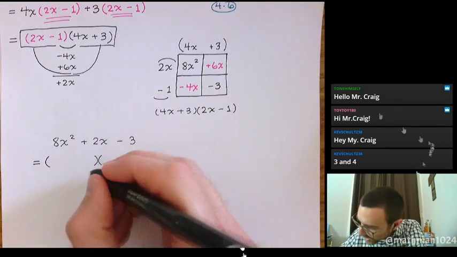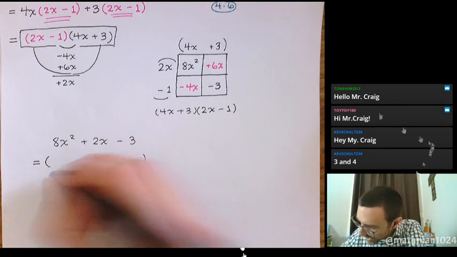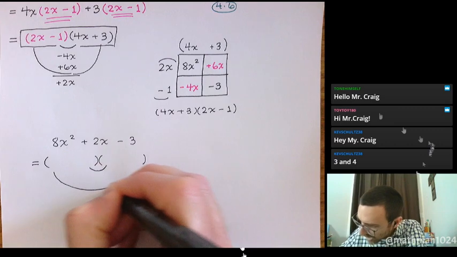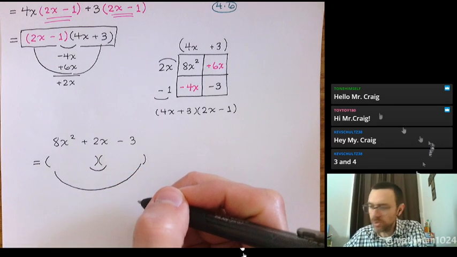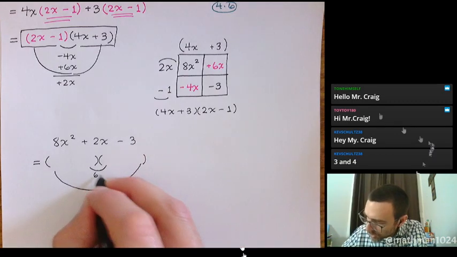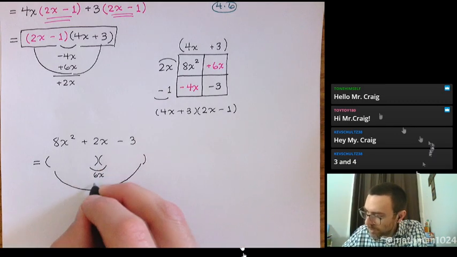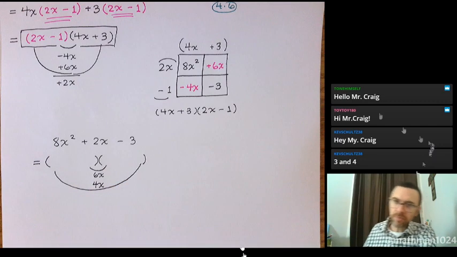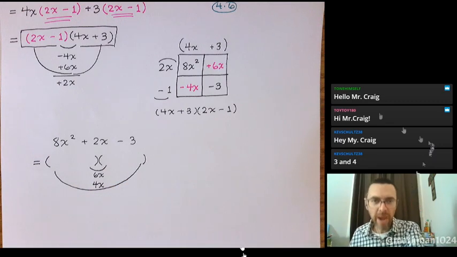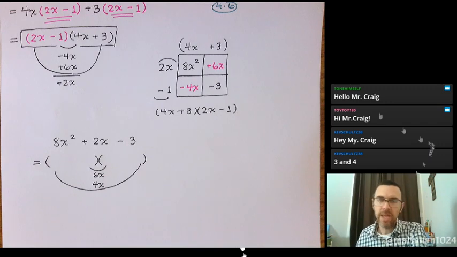That 4 and the 6 are going to be the pieces that show up on the inside and outside of the FOIL process. Now, to streamline things, I put the larger number for the inside part and the smaller number for the outside part. And we're going to backtrack everything. It's a different way of doing the factoring by grouping without actually showing factoring by grouping.